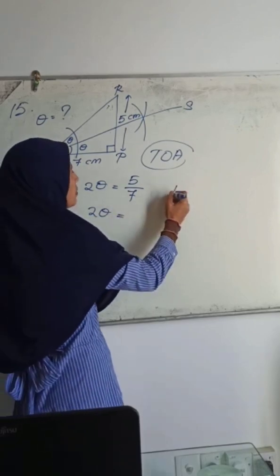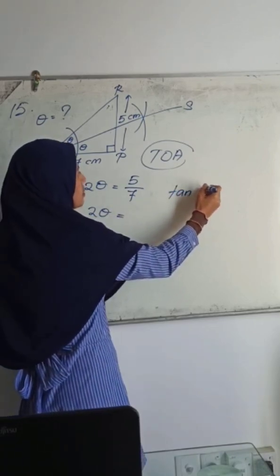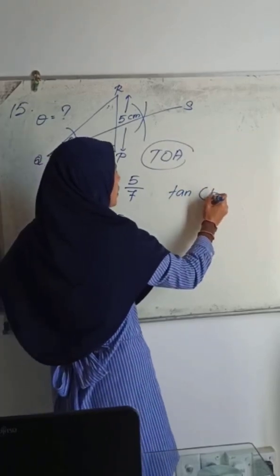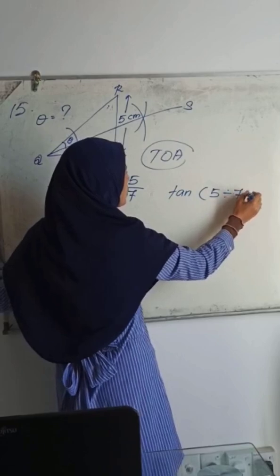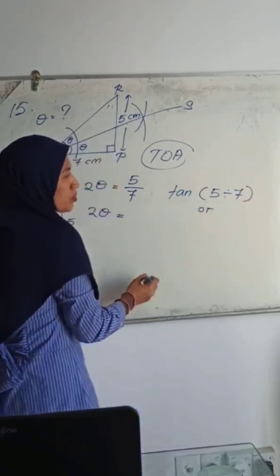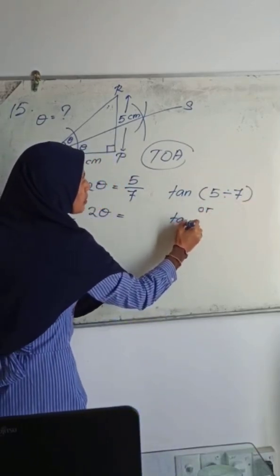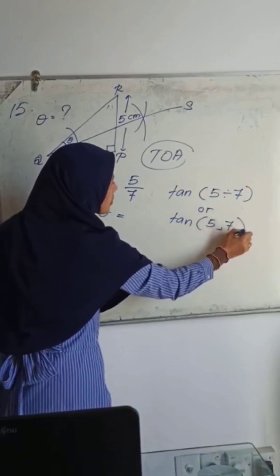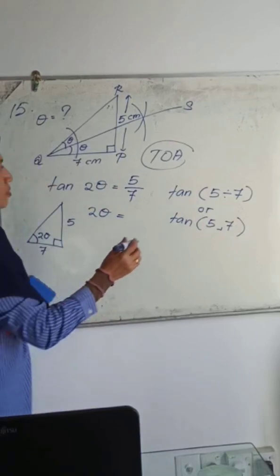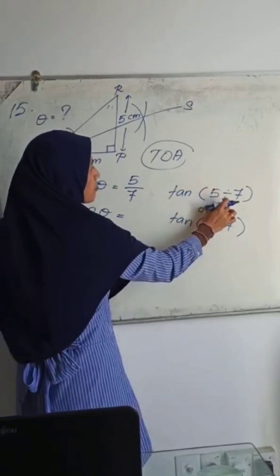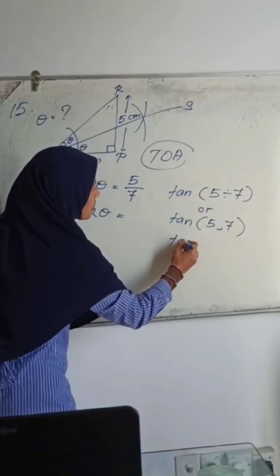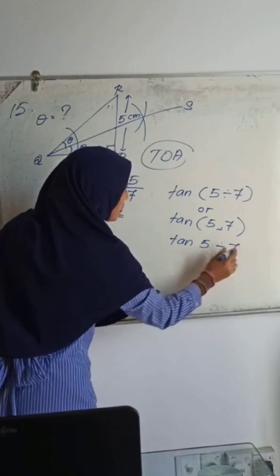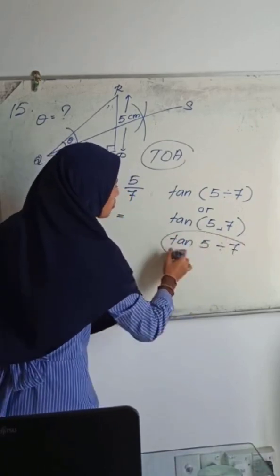Put a bracket, 5 divide by 7. Without the bracket, the answer will be wrong.